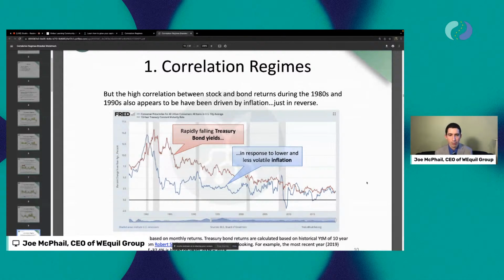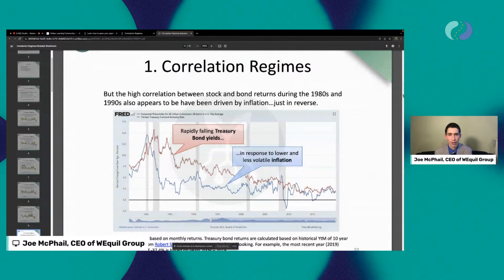Falling and stable inflation allows the idiosyncratic factors of individual securities, particular stocks and bonds, to dominate their price behavior.